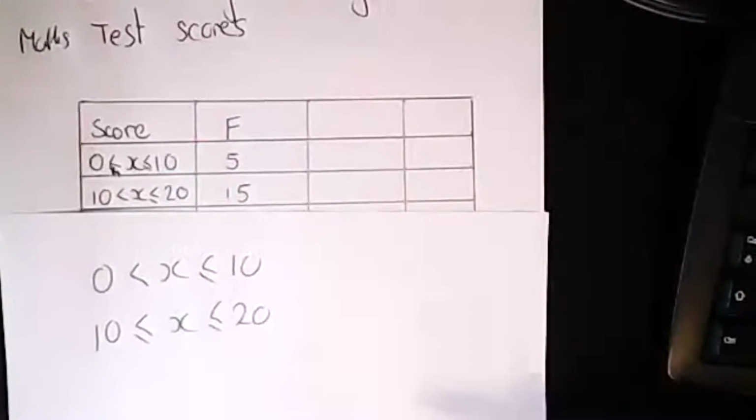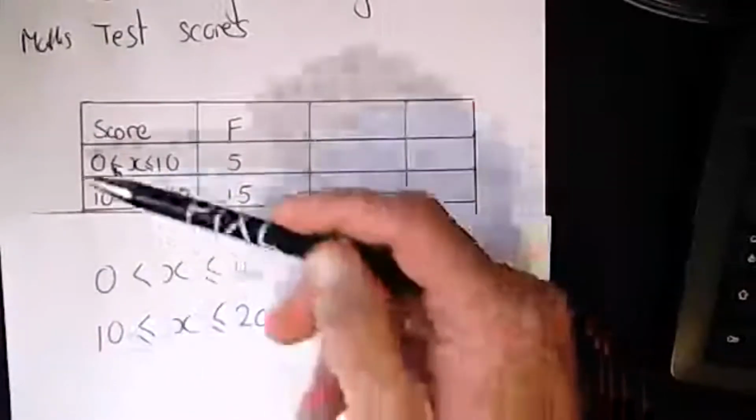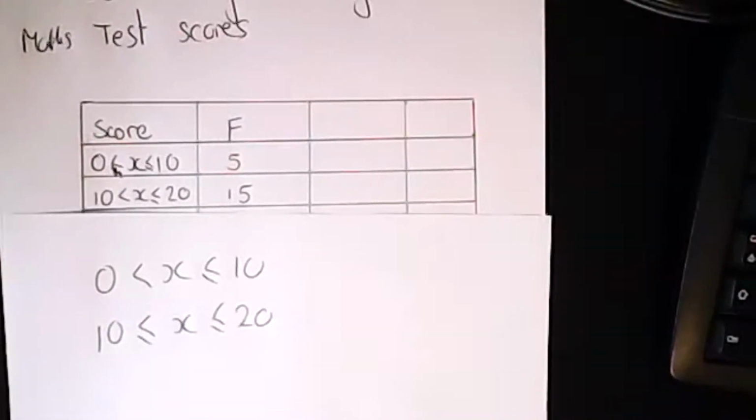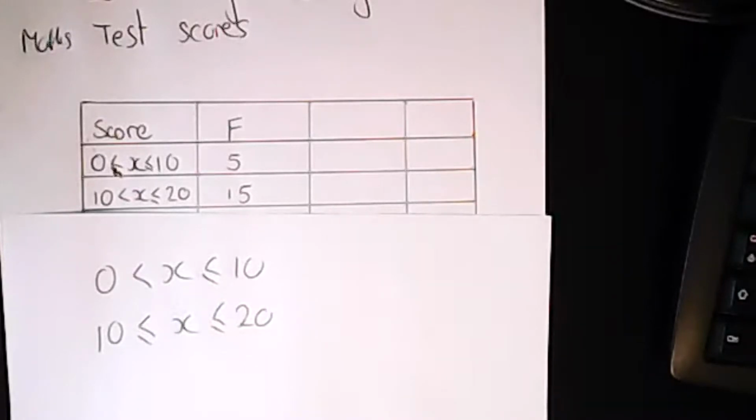I want you to compare these 2 score intervals, the ones I've copied out, with these score intervals of the question. You don't need to write this one down, I want you to think about why this might not be suitable. What's the difference?